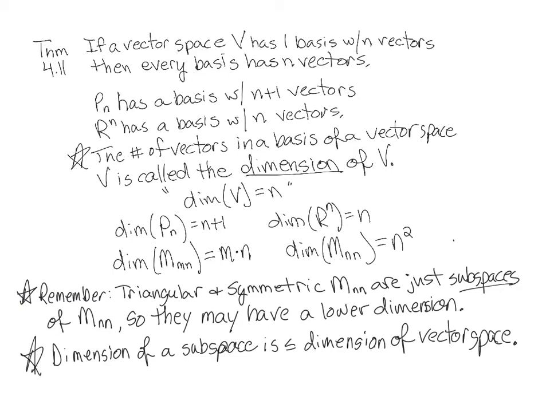Because it's just a subspace of the regular space, it may have a different dimension. Next, the dimension of the subspace is always less than or equal to the dimension of the entire vector space.